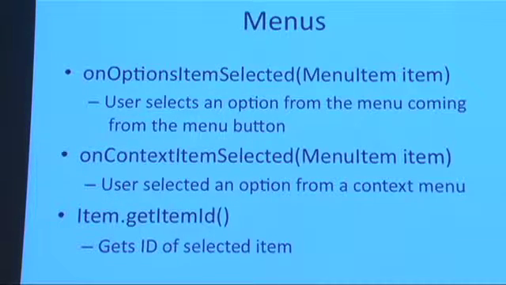This is called when a user selects an option from a context menu. And the last thing corresponding to that is item.getItemId. This allows you to get the ID of the item that you have in there, and the ID is written when you write the menu XML code.